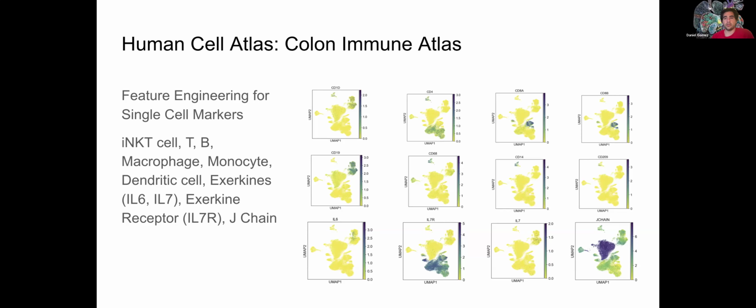And then iNKT17, you have the regulated ROR gamma transcription factor, which produces IL-17, which induces expression of Th17 cells and defends against extracellular bacteria and fungi. So this iNKT cell type that is specialized and that is able to work in both innate and adaptive immune responses is really important for cancer immunotherapy.